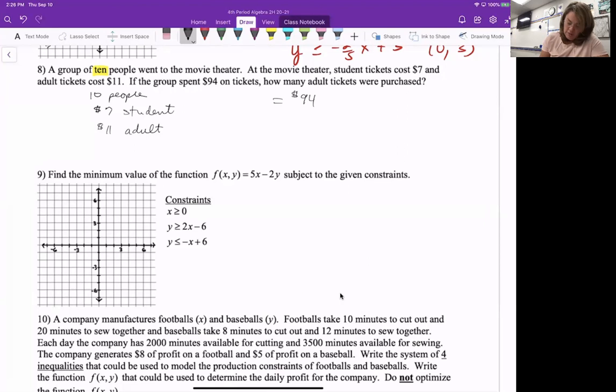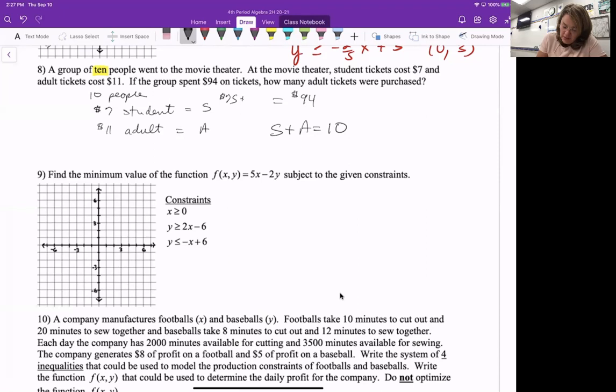Okay. Well, I have 10 total people. So let's call this an s value, and this is an a value, for adults. I know that between my students and my adults, I have a total of 10 people. And I know that the student costs $7, so however many students I have, I have to multiply times 7.